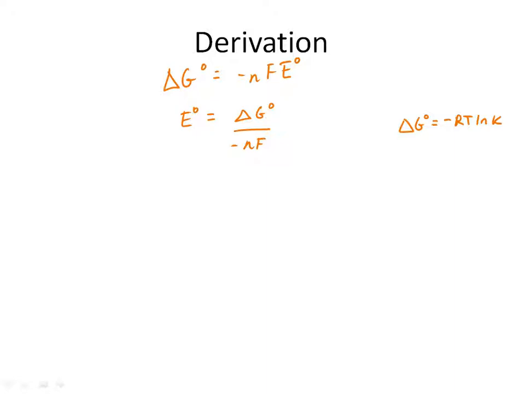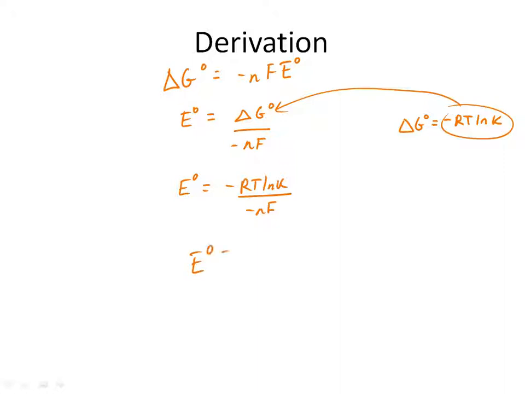So let's actually substitute this in for delta G. So we're going to get our E naught for the cell equals negative RT ln K over negative NF. So I can clean this up a little bit, get rid of the negatives. So E naught equals RT over NF times ln K. So I'd like you to pause.